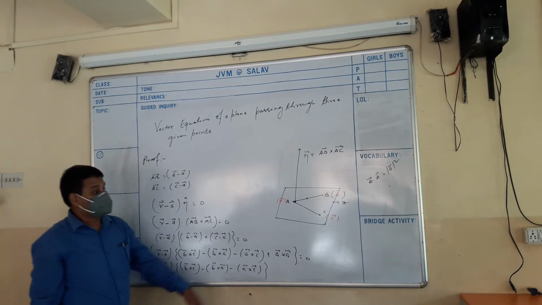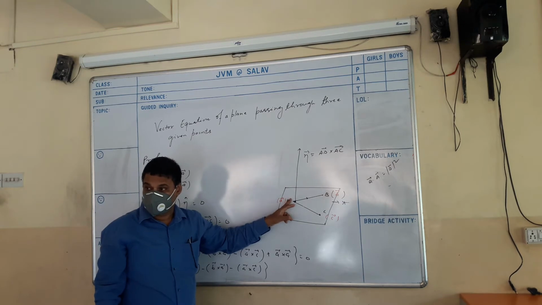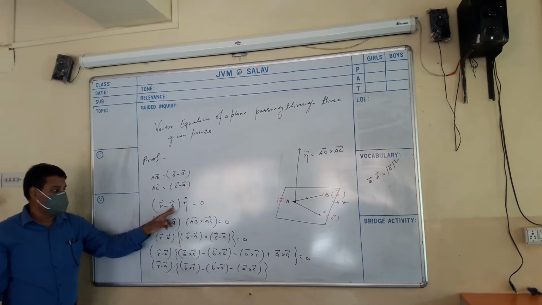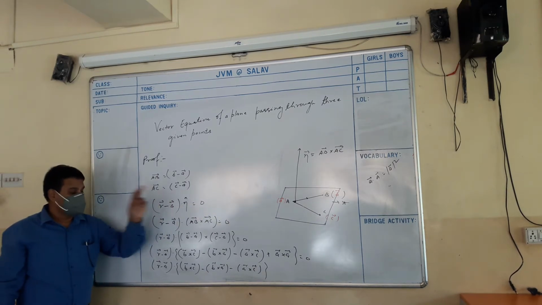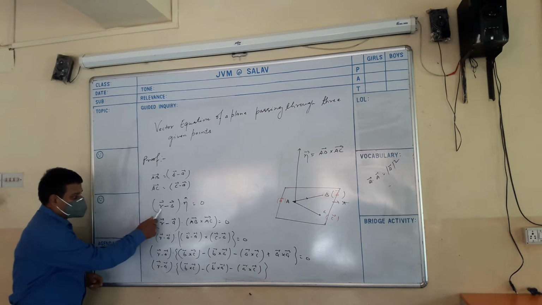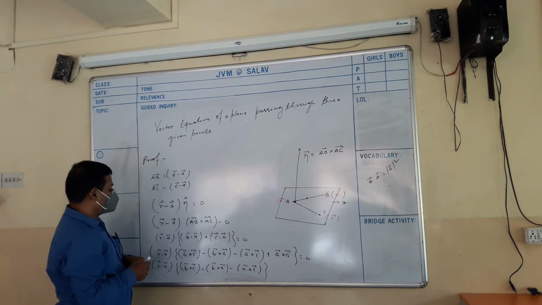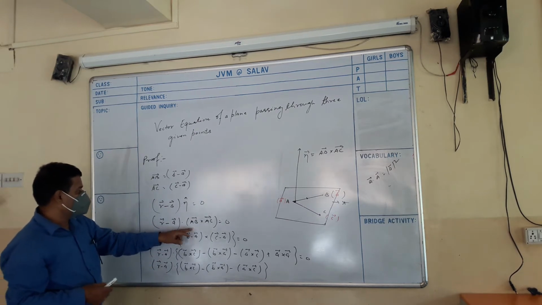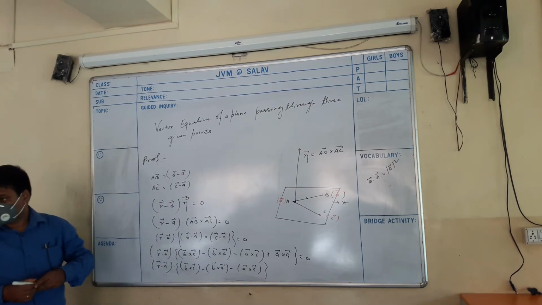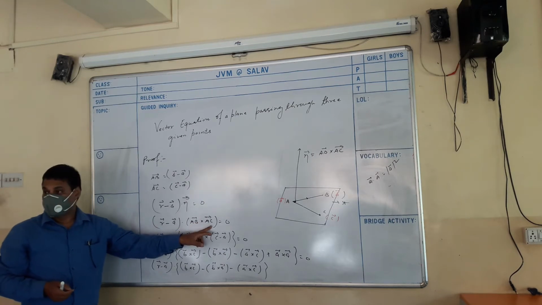of a plane passing through a point A and whose normal vector N is given is (vector R minus vector A) dot N equal to 0. Here vector N is AB cross AC.